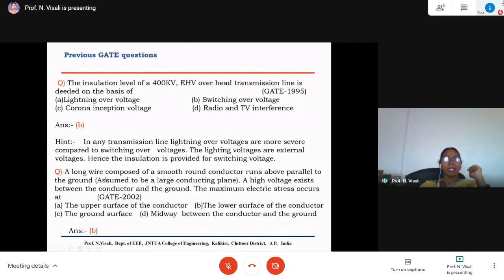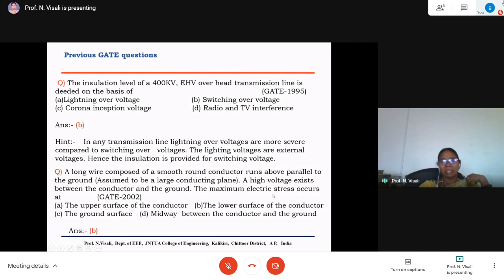A long wire composed of smooth round conductor runs above and parallel to the ground. Assume a large conducting plane. Ground is assumed to be just like the earth. A high voltage exists between the conductor and the ground.